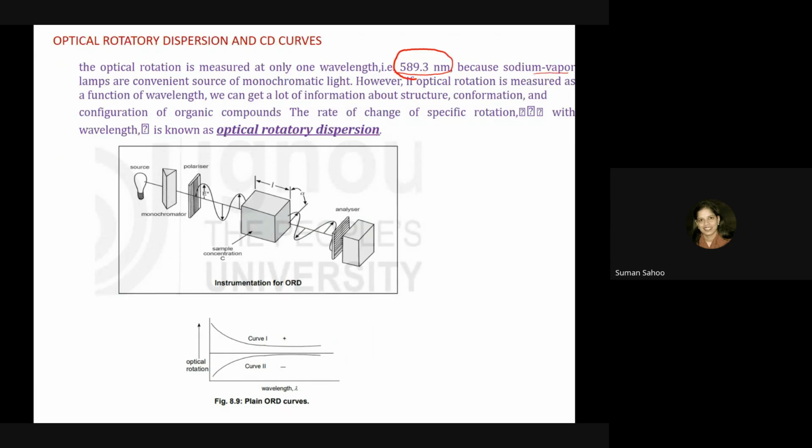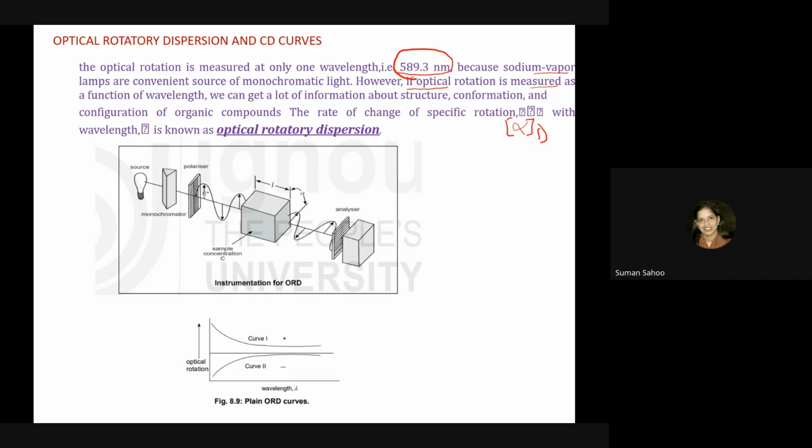But whenever we measure optical rotation as a function of wavelength, we get different information such as structure, conformation and configuration of the organic compound. The rate of change of specific rotation, alpha D, with wavelength is known as optical rotatory dispersion. So this is the instrumentation for optical rotatory dispersion.